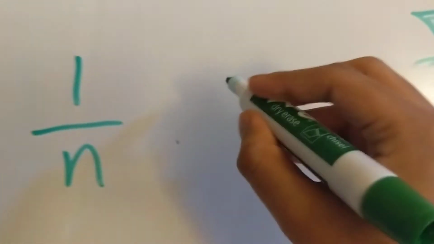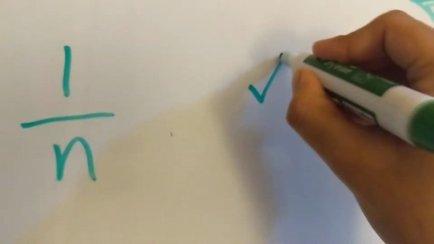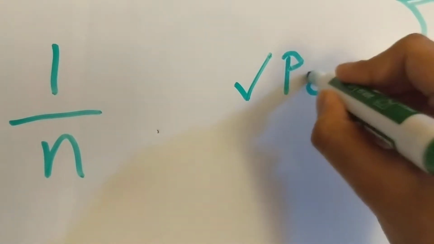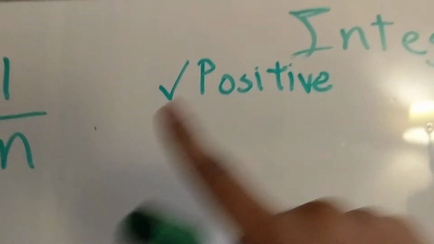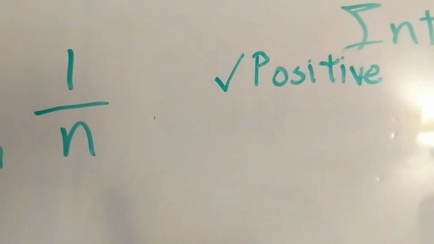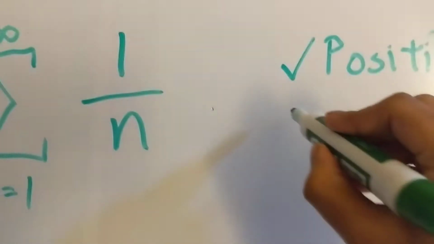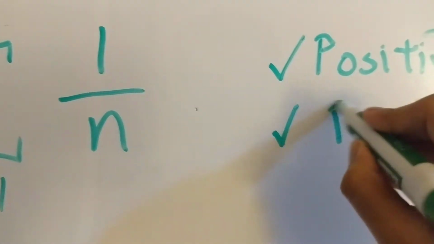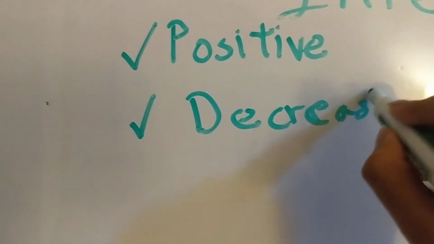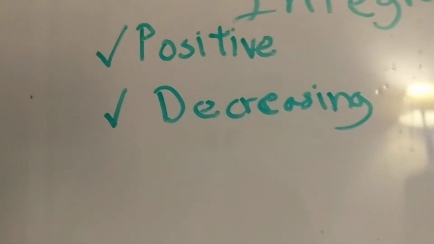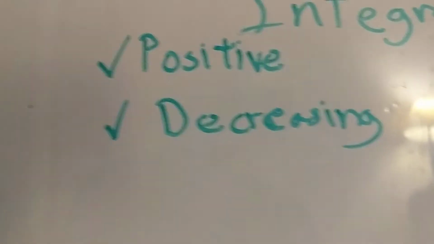So first of all, the integral test has two conditions. Is it positive, meaning that all the values are above 0? And is it decreasing? Those are the two conditions we need to meet.